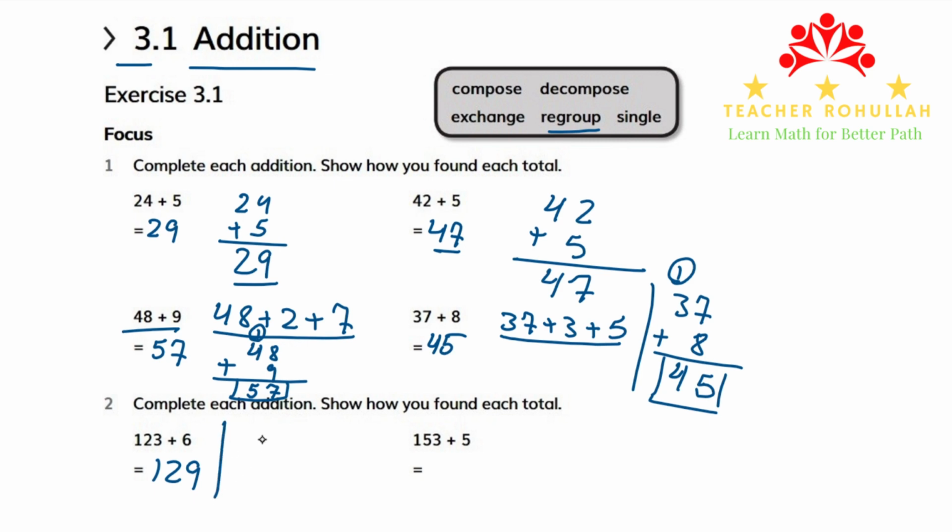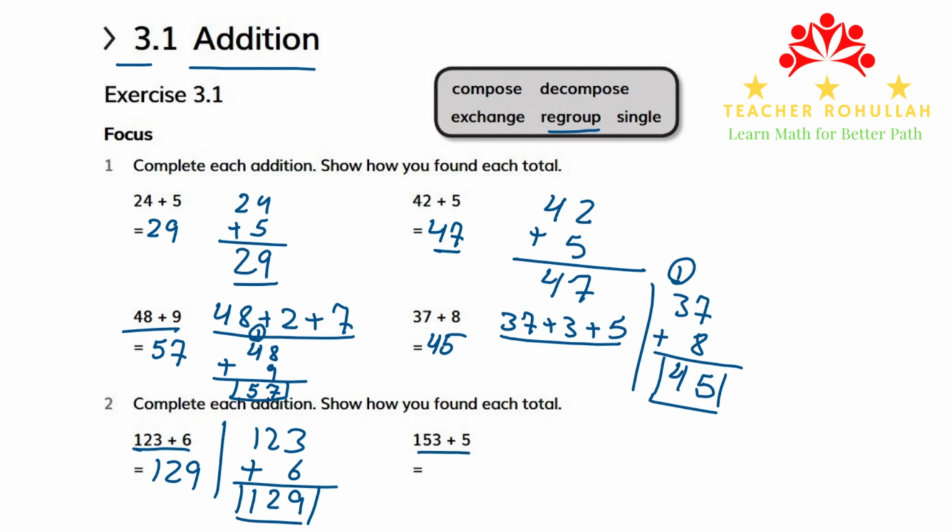The other way that I can use here is column addition: 123 plus 6. So 3 plus 6 is 9, 2 plus nothing is 2, and 1 plus nothing is 1. In this way also, we found that the sum of these two numbers is 129. In the second part of this question, we have a 3-digit number and a 1-digit number. Again, I will use counting on and also column addition.